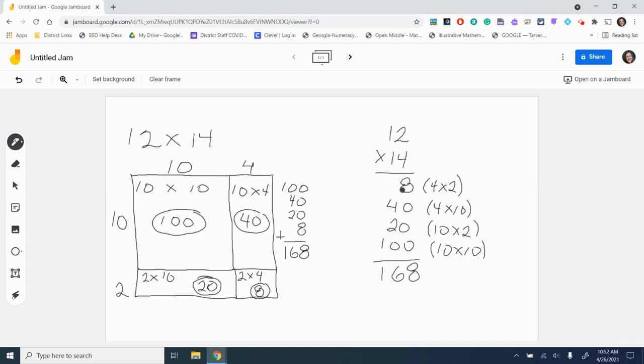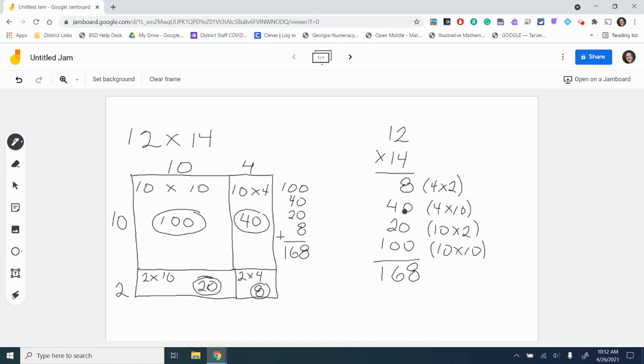So this 8, this 4 groups of 2, where do you see 8? Well, there's 8 here. Now I laid my numbers out differently, so I wrote that as 2 times 4. Here it's written as 4 times 2 with the commutative property of multiplication. Those are equivalent, and they both have a product of 8.